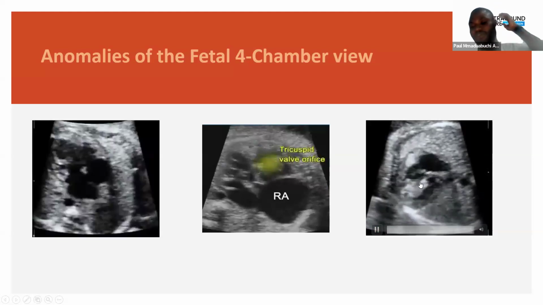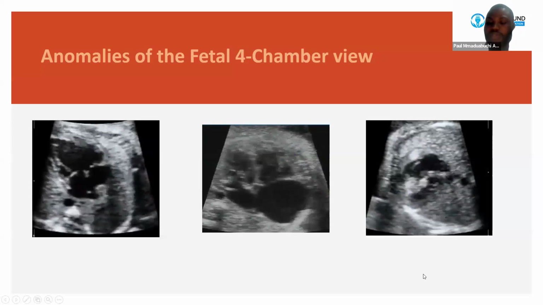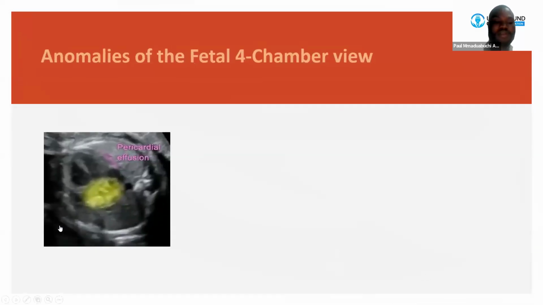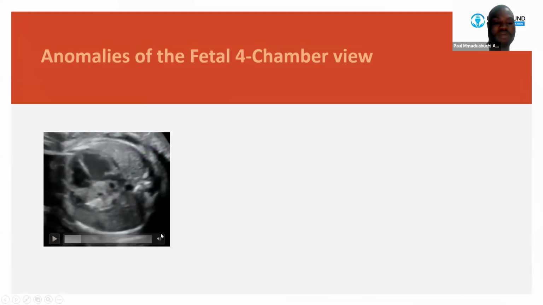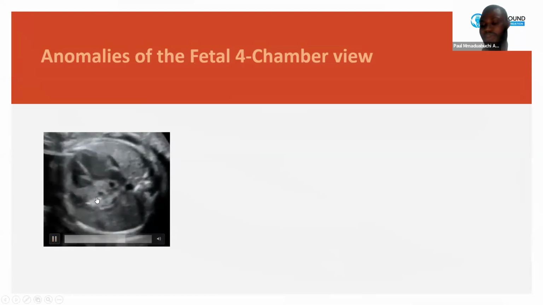This is a case of rhabdomyoma, a mass in the fetal heart. And this is a case of teratoma, a mediastinal teratoma being indicated.